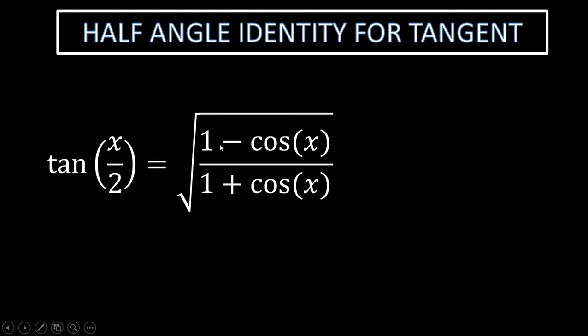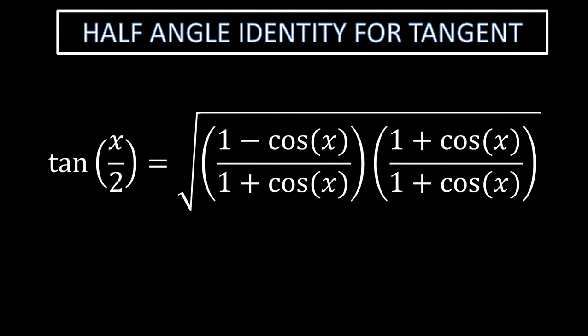As I've said, the conjugate just changes the sign, and it applies only to two terms, which is a binomial. So if I multiply both the numerator and the denominator by the conjugate of the numerator, this will become like this.